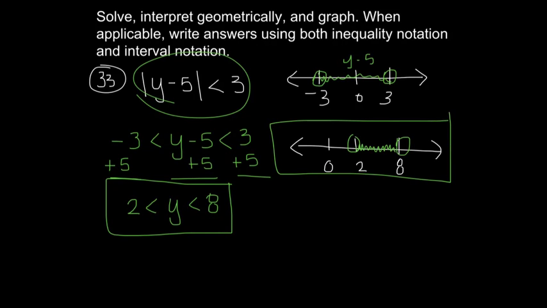This is my solution. As an interval, I use the open parentheses because, again, I don't want to include the 2 and the 8, but the parentheses indicate that I'm talking about every real number between 2 and 8.